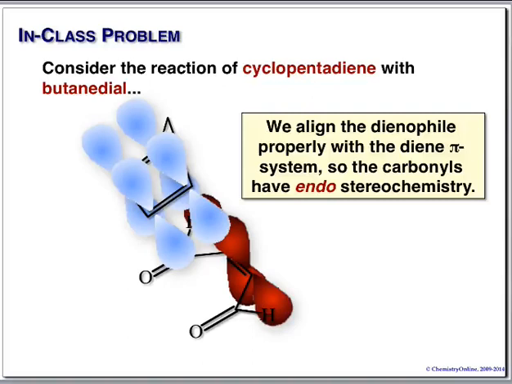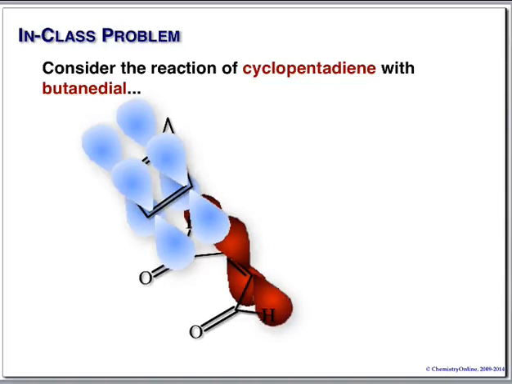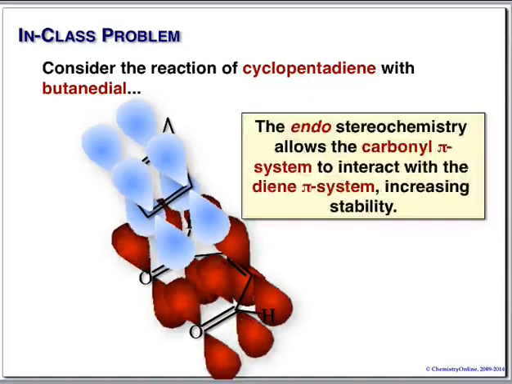Remember, however, that we also have p orbitals on our carbonyls here, don't we? So if I put those in, they would look like this. What we have here is a great example of snuggling. The p orbitals here snuggle up with this pi system. They interact with each other.